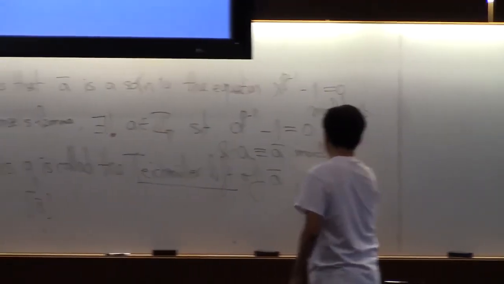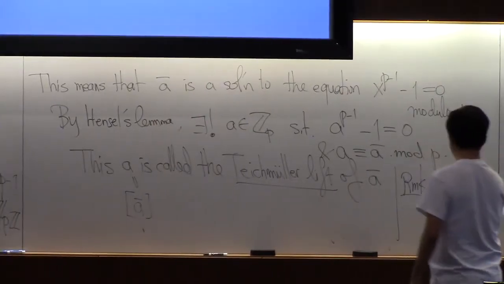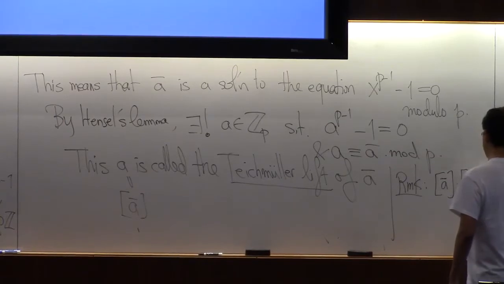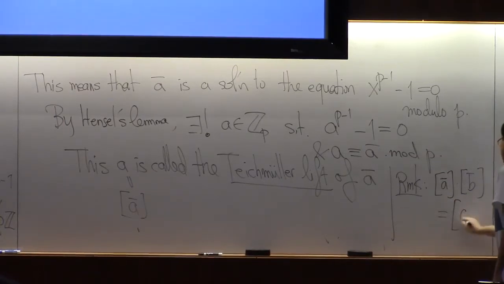I want to make a very quick remark: if you multiply two Teichmüller lifts, you get the Teichmüller lift of their product. Here is why.